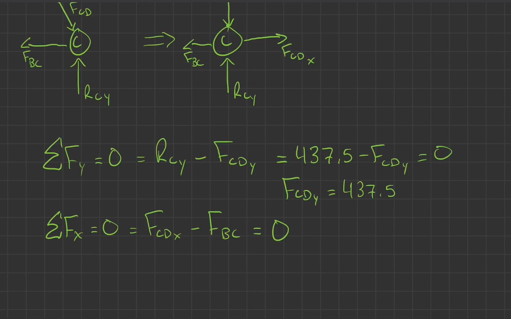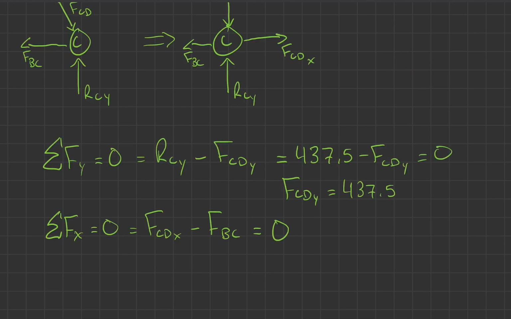BC. First, we'll have to take a look at our triangle at joint C here. Remember, this was 4, and this was 5. Just kidding, we don't want the lengths here, we want the forces.